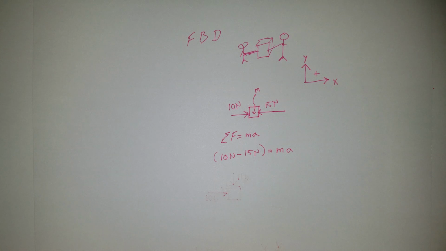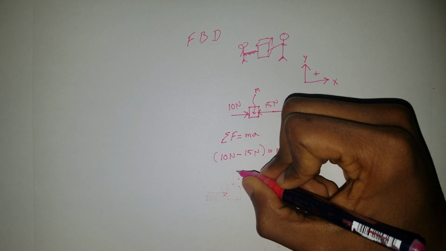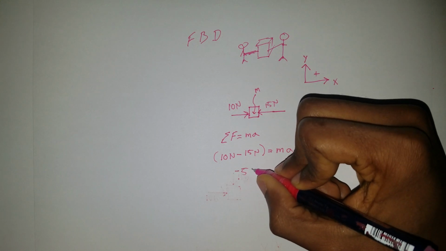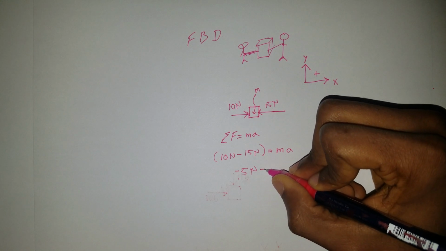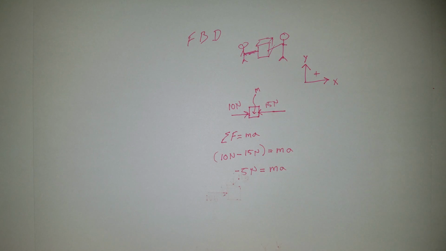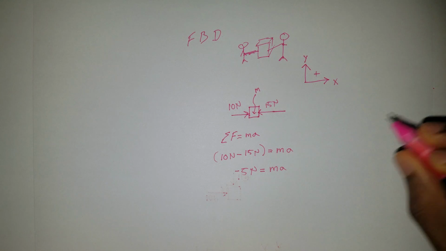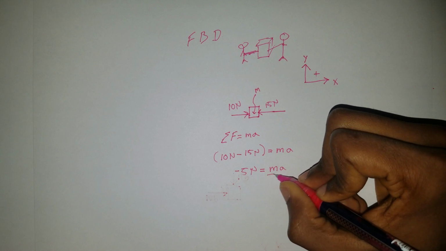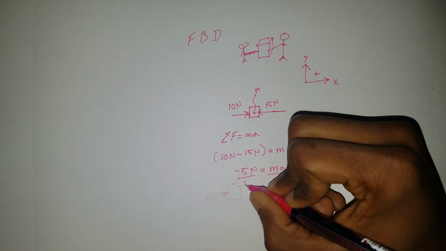Well, 10 newtons minus 15 newtons is simply negative 5 newtons, and that's equal to mass times acceleration. Now, solving for acceleration, we divide both sides by the mass.